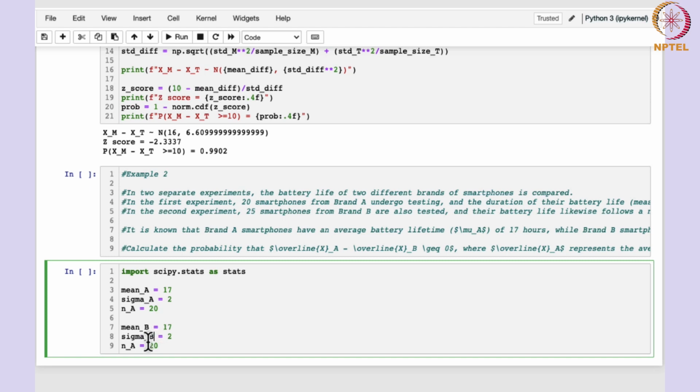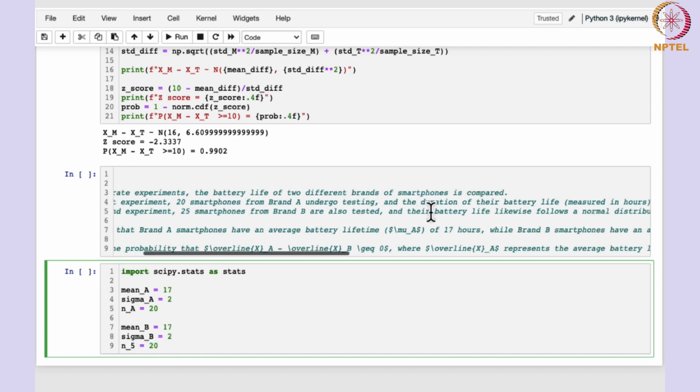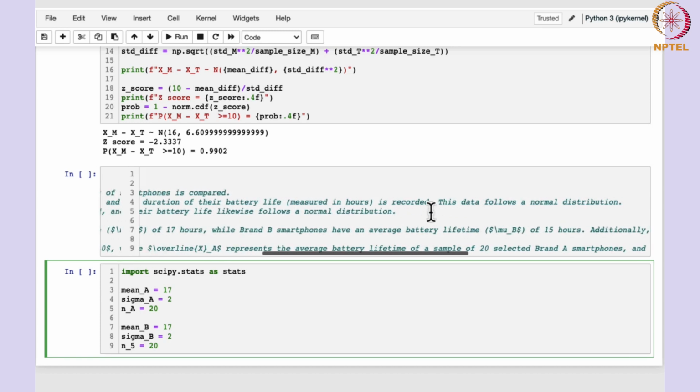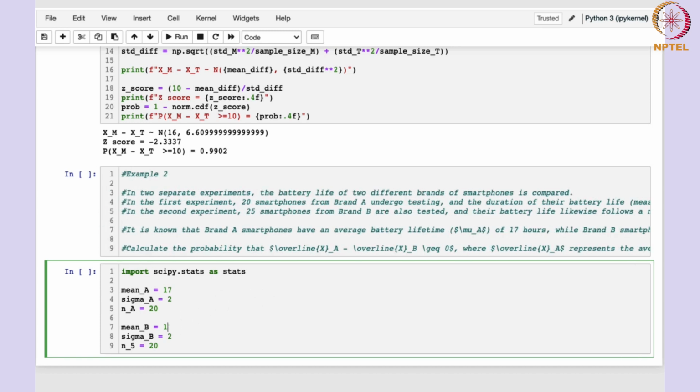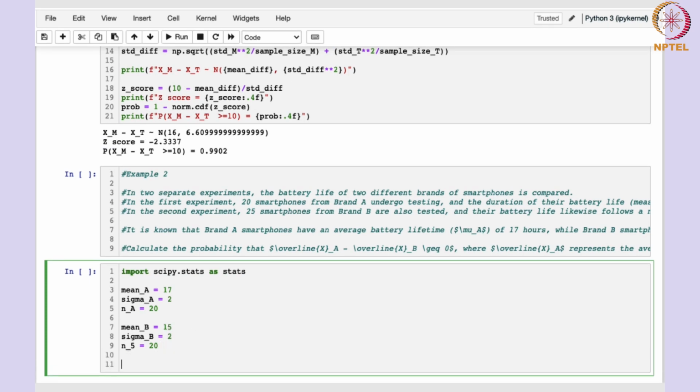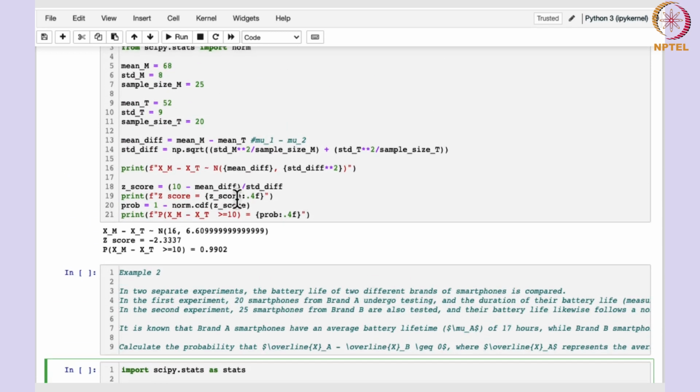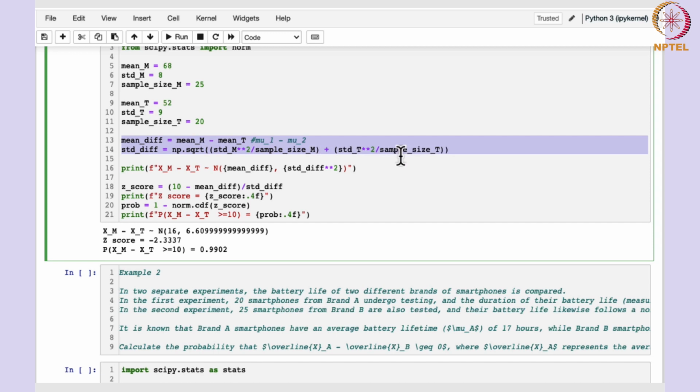Sigma B and NB: this is 2, this is 25, and the mean for B is 15 hours. Okay. Now again you have to calculate mu A minus mu B, the difference of the two means, and the corresponding standard deviation. Maybe we can use this formula that we have already written.